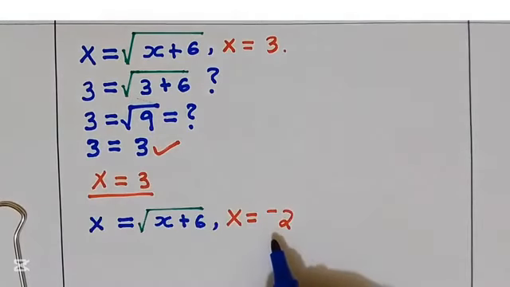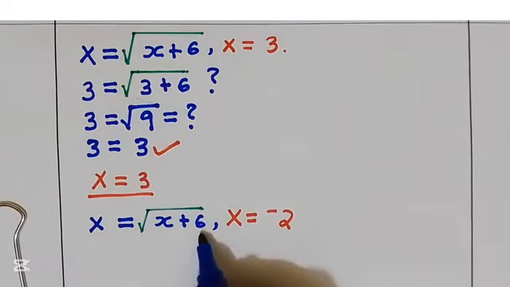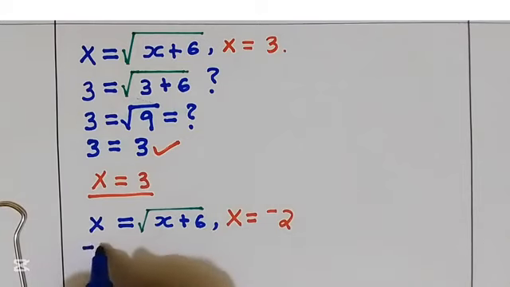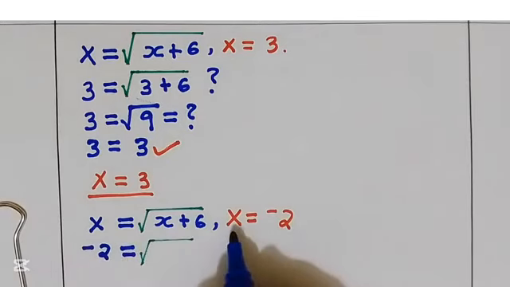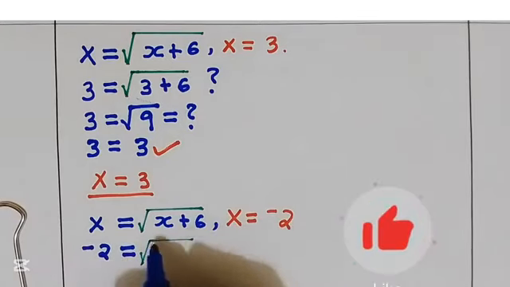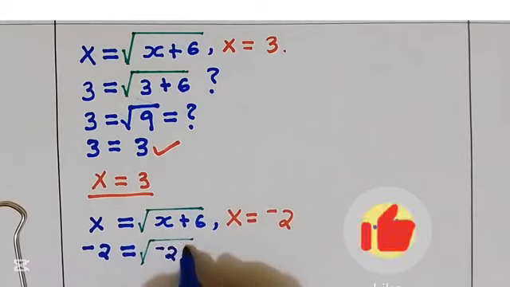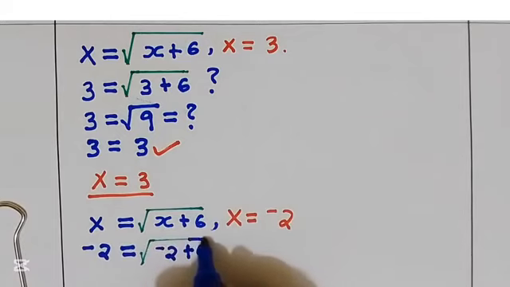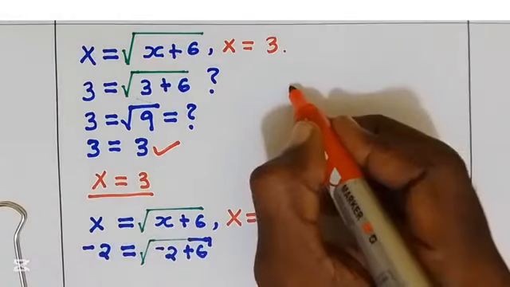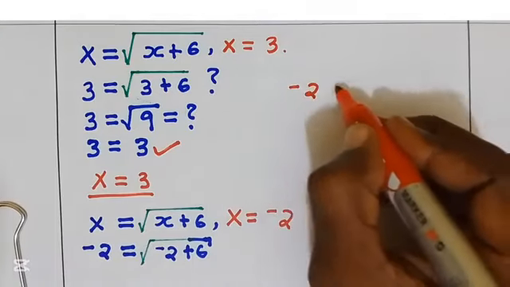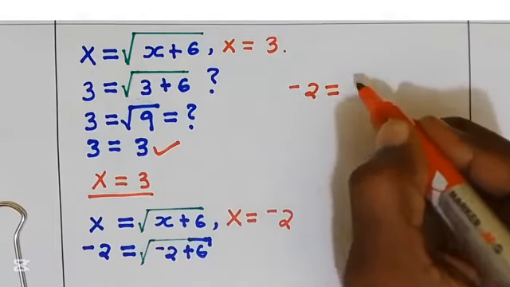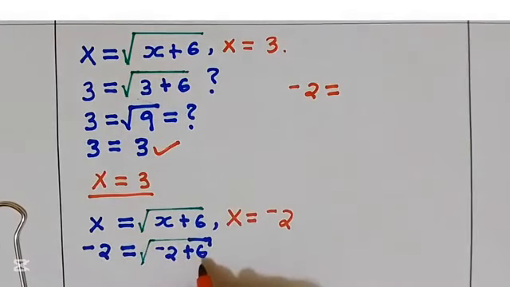Now let's check for our second solution, x is equal to minus 2. Let's substitute to our radical equation if it's a solution. Negative 2 is equal to the square root of, substitute x equal to negative 2, negative 2 plus 6. Negative 2 plus 6, we are going to get positive 4.